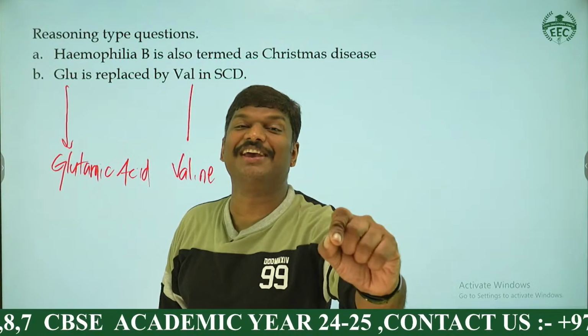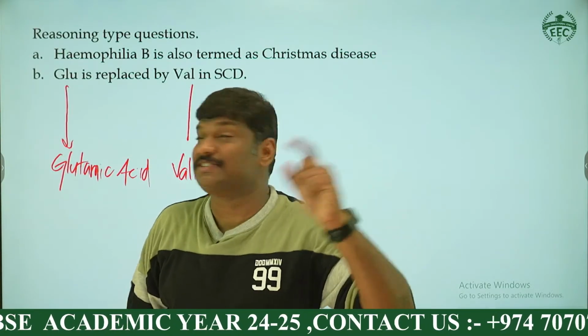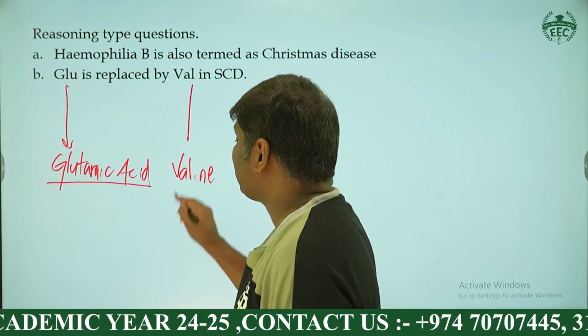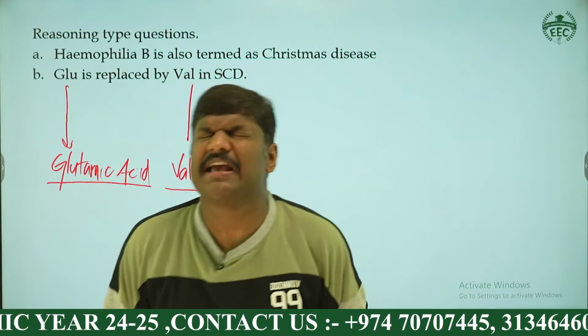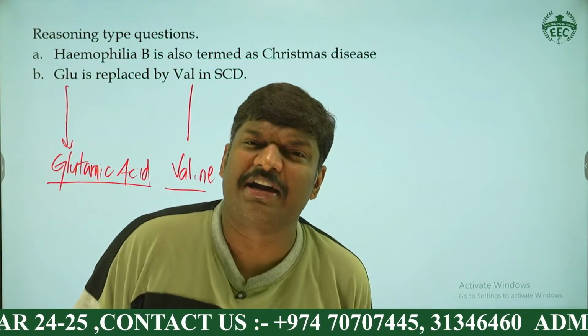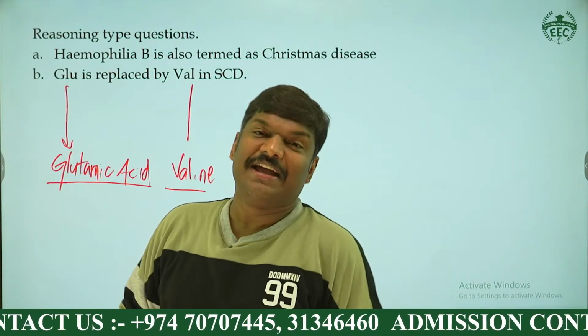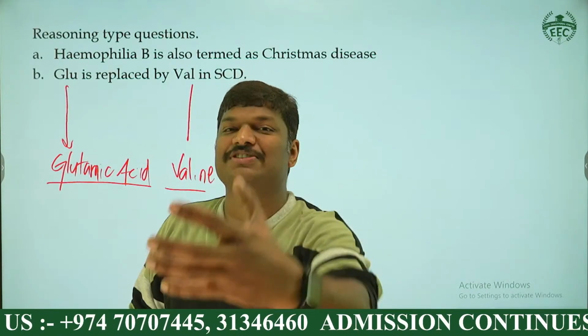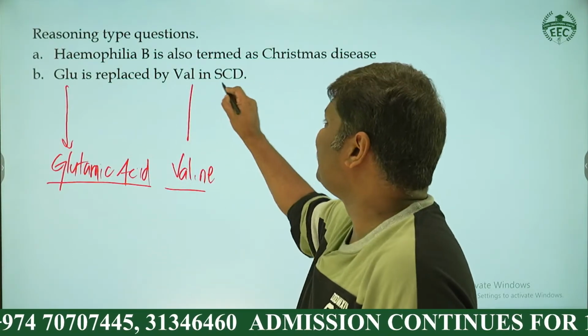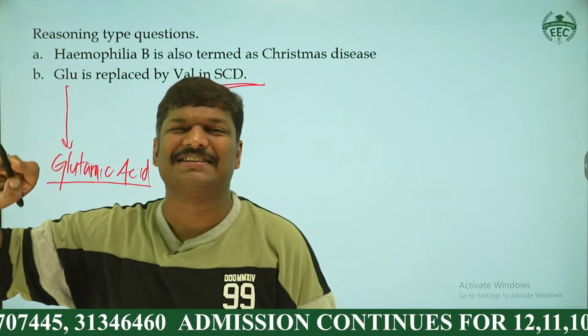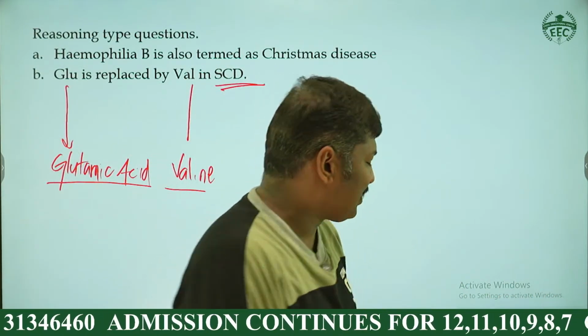Instead of GAG, it is GUG. If it is GAG, it will be glutamic acid. Instead of GAG, the mRNA is having a triplet code called GUG. If it is GAG, it can make glutamic acid. If it is GUG, it can make valine, and that is leading into a condition called sickle cell disease, and it is an example for point mutation.